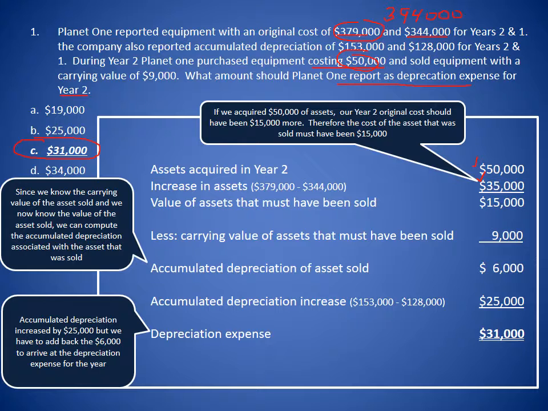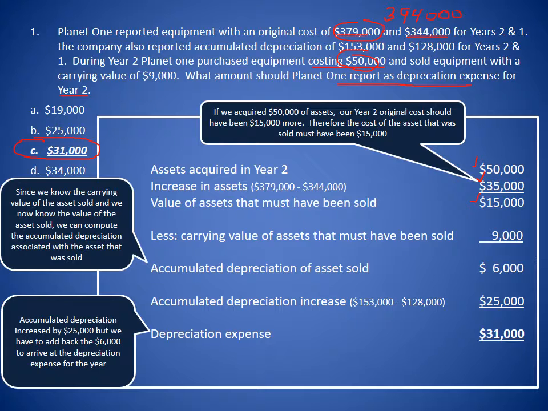So if that's the case, if the assets only increased by $35,000, that means when we subtract out the increase that should have occurred versus the increase that we show did occur, we must have had assets that were sold with a value of $15,000.